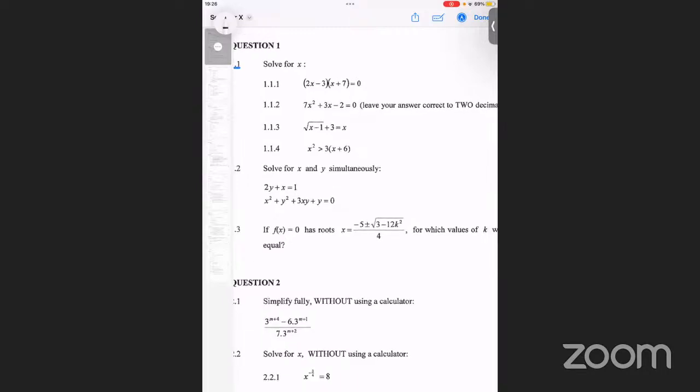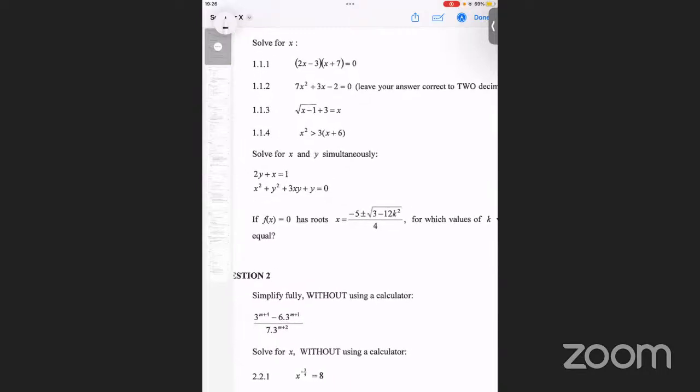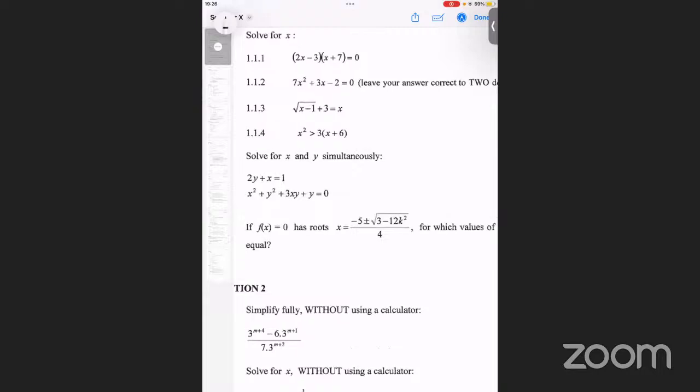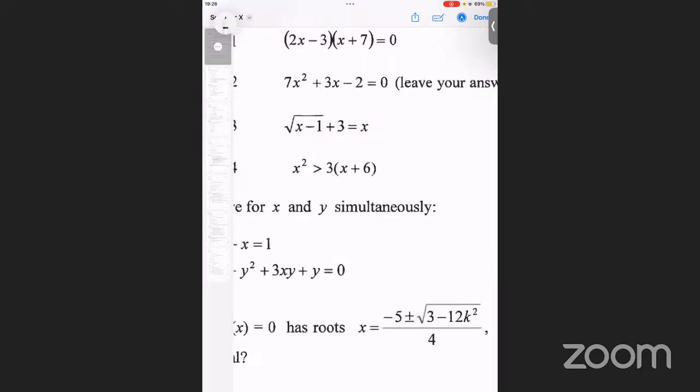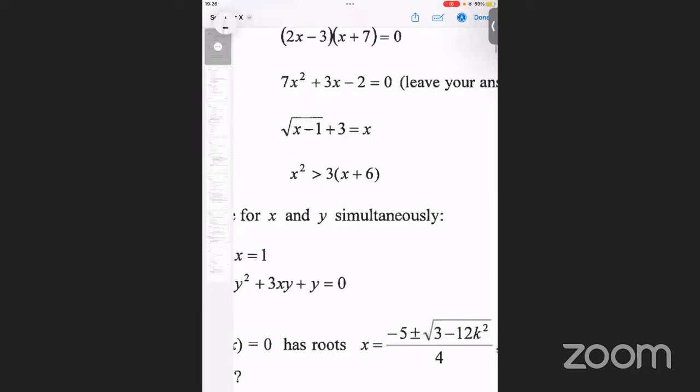Okay, 1.1.4. Let's look at 1.1.4, where we are given a math problem that has an inequality sign. This is an inequality sign, which could be less than, less than or equal to, greater than, or greater than or equal to. Let's put English words to these things.